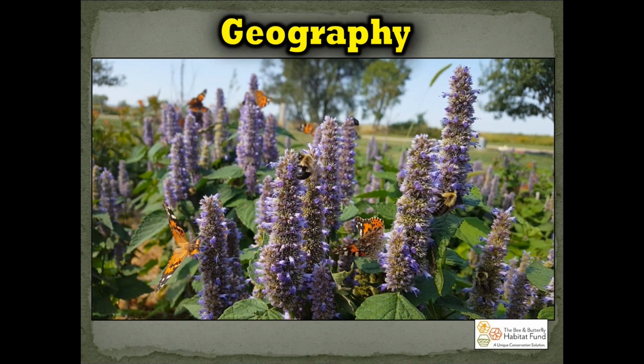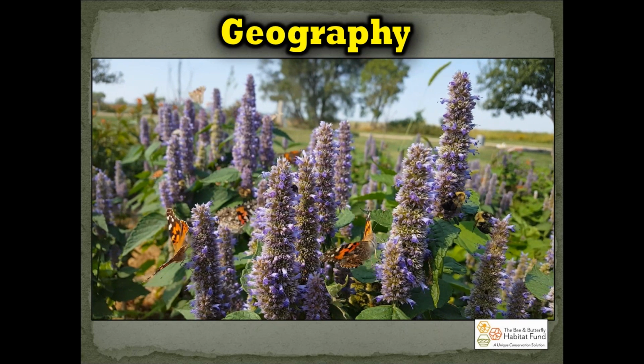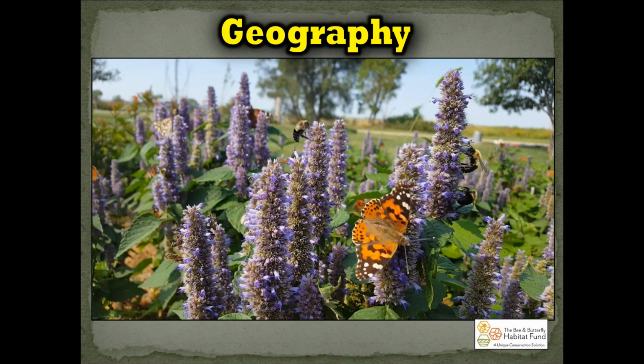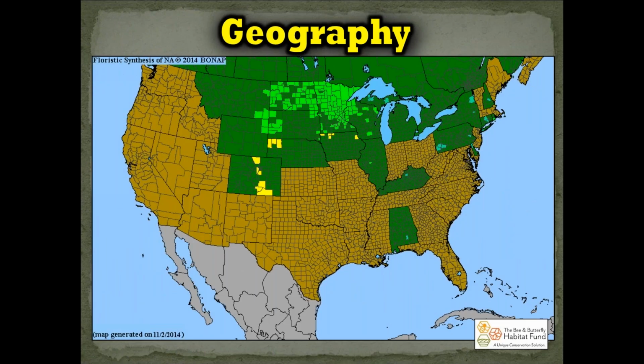It's inexpensive. Here's the problem. Its happy home is not in a lot of the country. If you're in that area up on top here, that's great. Great thing to use. Geography is one of the things that you have to think about.